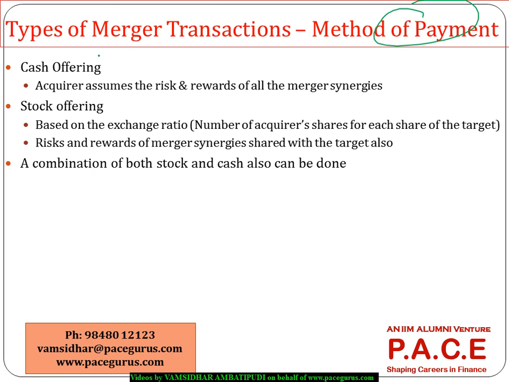In case of asset purchase, it's the company. In either case, especially when the cash offering is done, the acquiring company pays the target in cash itself for the exchange of shares of the target company.